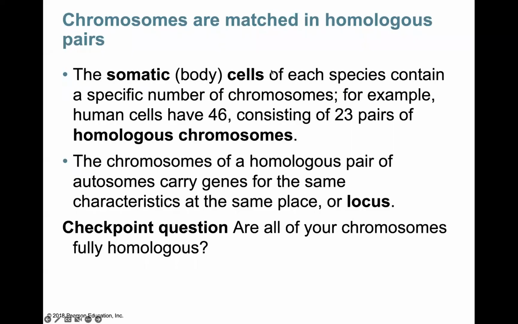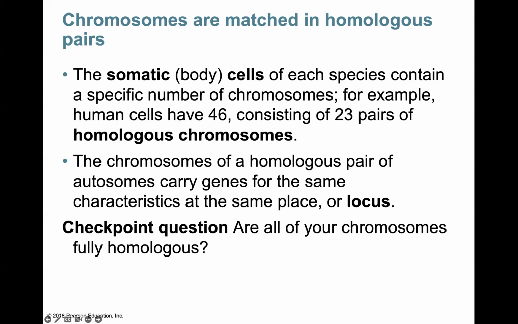And we're going to see here how this process of crossing over is what's responsible for genetic diversity in these daughter cells. So chromosomes are matched in homologous pairs. Our body cells, which we call somatic cells, of each species contain a specific number of chromosomes. For example, in our somatic cells the chromosome number is 46. That means we have 23 pairs of homologous chromosomes, because these chromosomes exist in pairs.